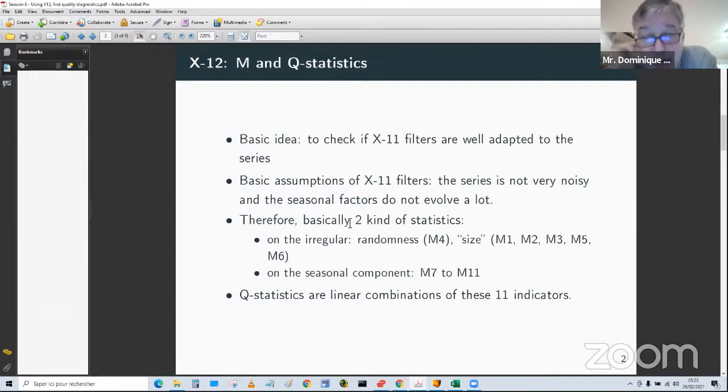So did the automatic choice of a filter perform well? You have some basic assumptions on X11 filters. The basic assumptions are the following. First, the series is not very, very noisy, which means that if you have too much noise, you will never be able to select the signal.